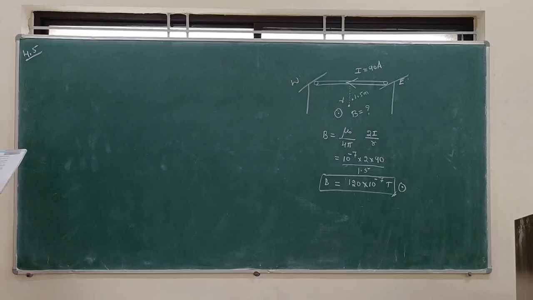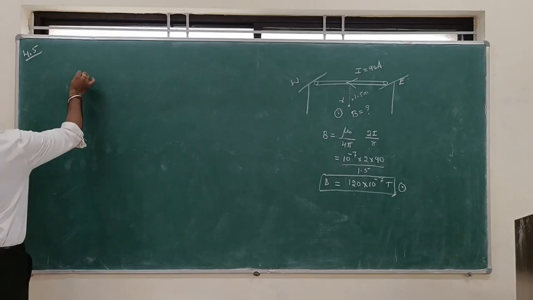What is the magnitude of magnetic force per unit length on a wire carrying a current of 8 ampere, making an angle theta, 30 degree with the direction of the uniform magnetic field?